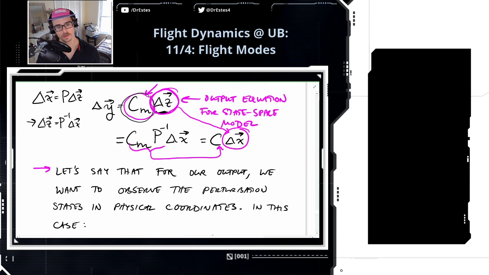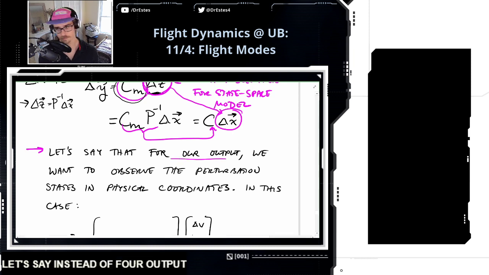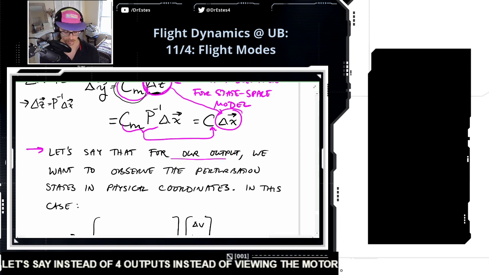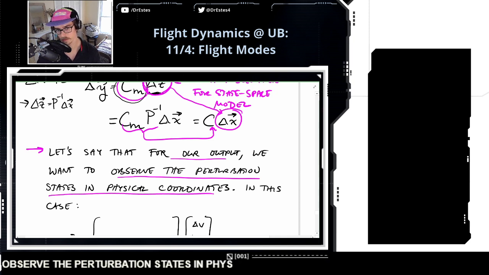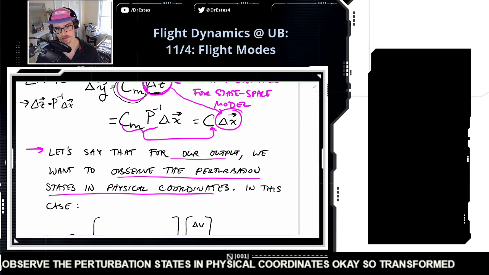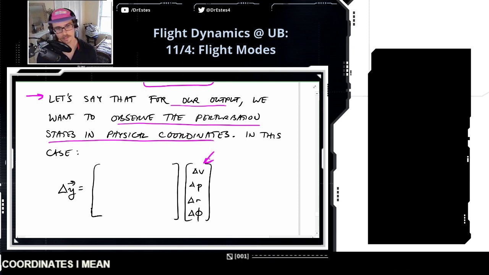Okay, let's say instead of, for our outputs, instead of viewing the modal states, what if we want to observe the perturbation states in physical coordinates? Okay, so transforming these modal responses back into physical coordinates. Okay, so by physical coordinates, I mean delta V, delta P, delta R, delta phi.